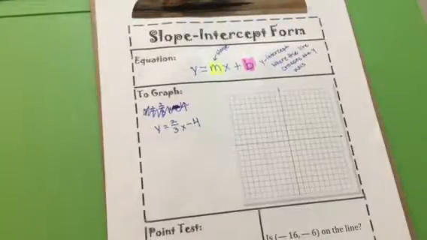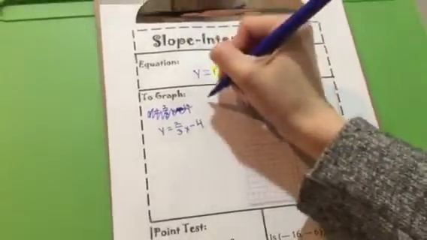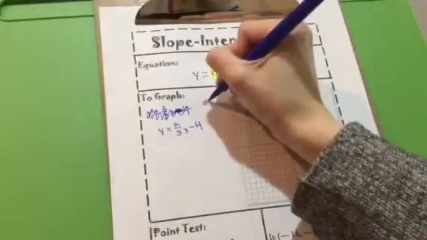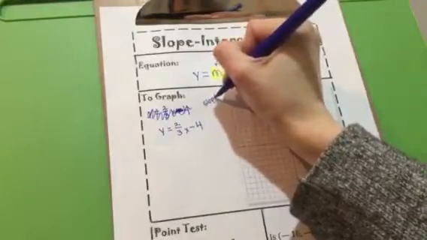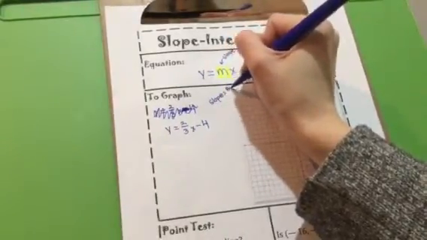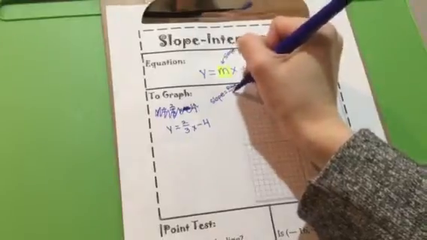Okay, so we have 2/3 x minus 4. And you're probably thinking to yourself, oh no, Miss B, our slope is in a fraction form. Oh my gosh, what are we going to do? I hate fractions. I hate decimals. I hate anything but whole numbers. All right, take a deep breath. I actually prefer when the slope is in the fraction form because if you remember, slope is equal to the rise over the run.